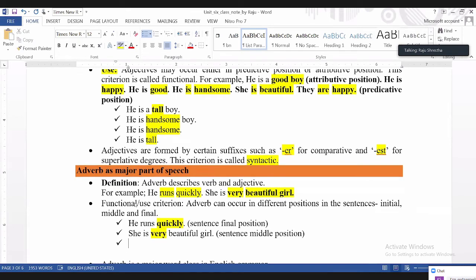Then, can you give one example in initial position?